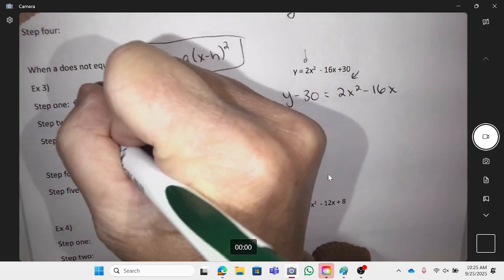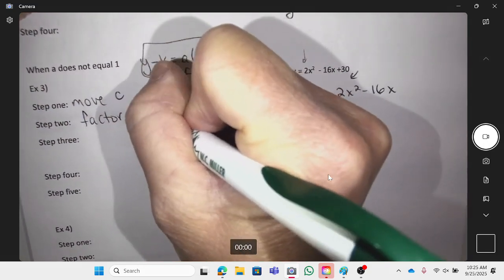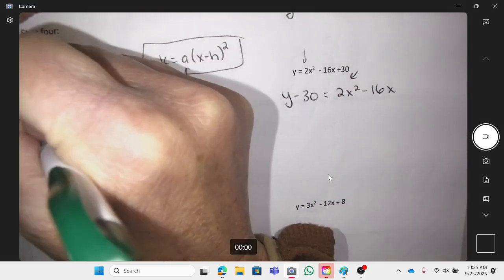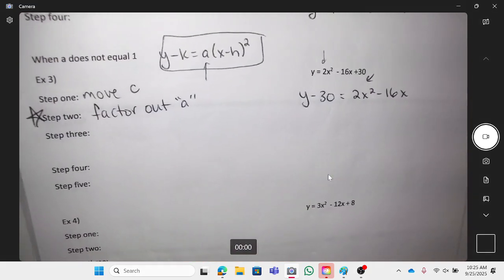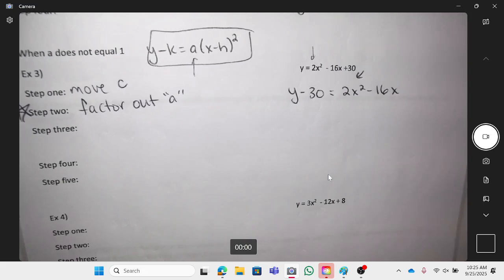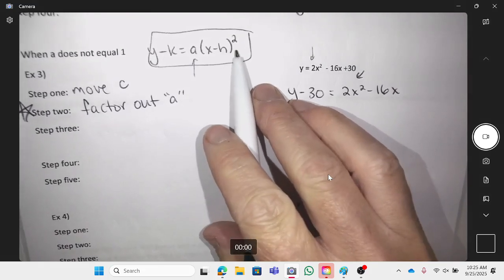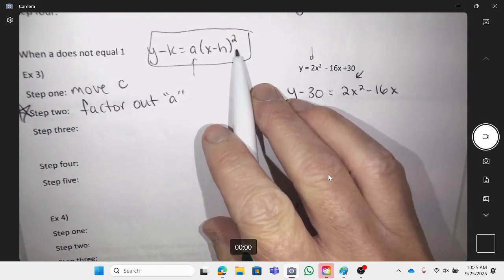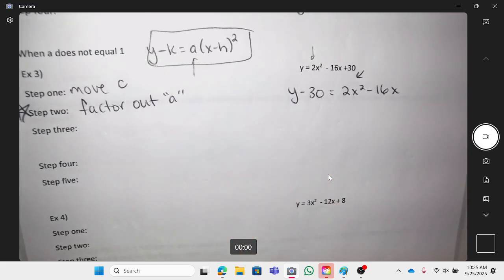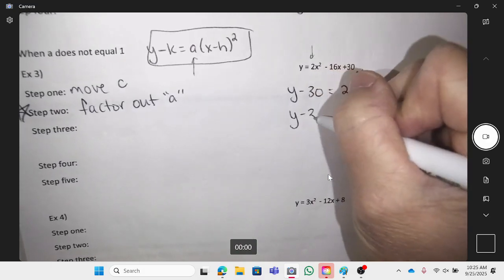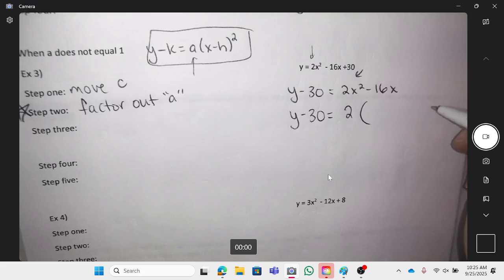So I'm going to call it factor out the A. So this is the new thing. Think about BEDMAS. All this stuff is squared, then multiplied. So the squaring part and the multiplying part have to be separated. Okay, so this is what it looks like. 2 brackets.